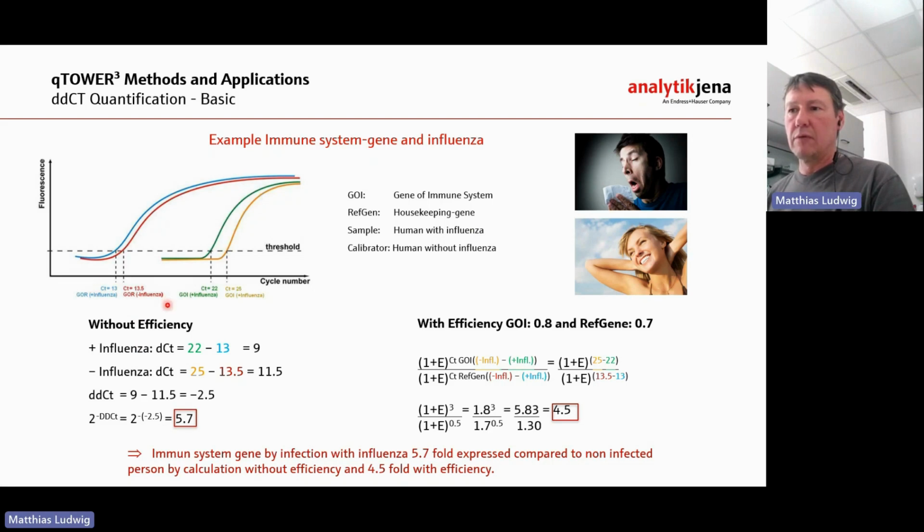You have here different CT values, and these CT values go inside this calculation. This is what the software will do for you. It's not necessary that you do this by yourself. So the software calculates, and you can see here without efficiency, we have an expression factor of 5.7.